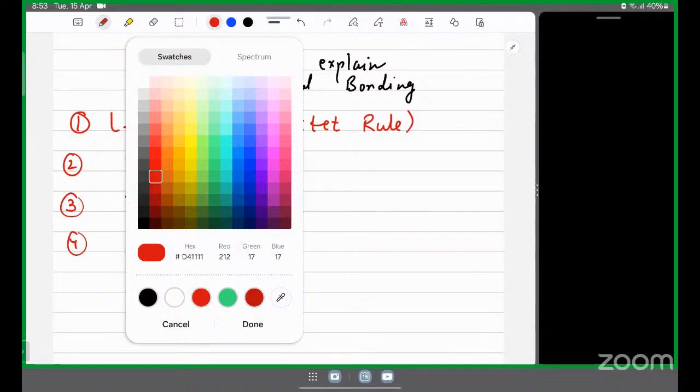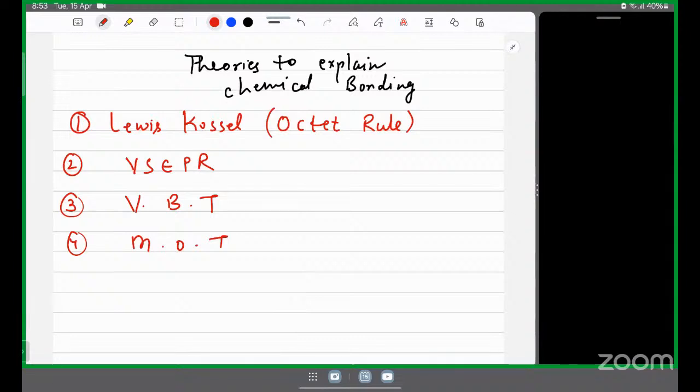In this, the first one is the Lewis or octet rule, which states that any atom, to gain stability, tries to complete its octet, which means any atom in nature will try to complete 8 electrons in its outermost shell.